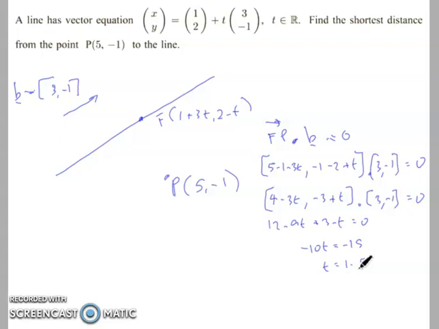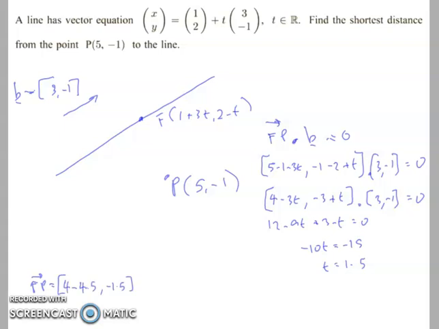So if I were to substitute that into point F, I'd work out the point F. I want to work out the distance, however, and therefore that's the length of the vector FP. So let's work out the vector from F to P by substituting t equals 1.5 into our vector here. In simplified form it's there.